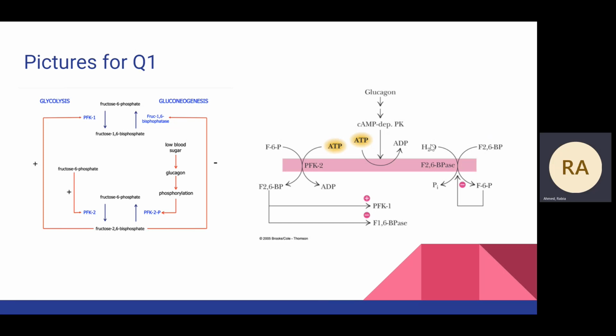But overall, for the diagrams, I would advise you guys to kind of ignore this and just stick to the paragraph answer that I gave you, and just look at the cycle in general for the glycolysis pathway and the gluconeogenesis pathway, because this is a little confusing, but definitely still look over this a little. It's just a little hard to see in relation to this problem. Okay, I'm going to move on.